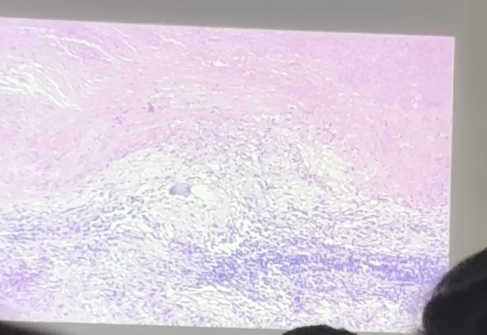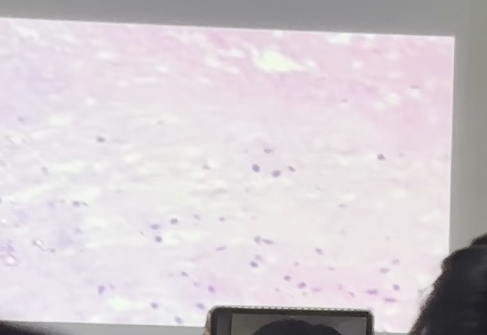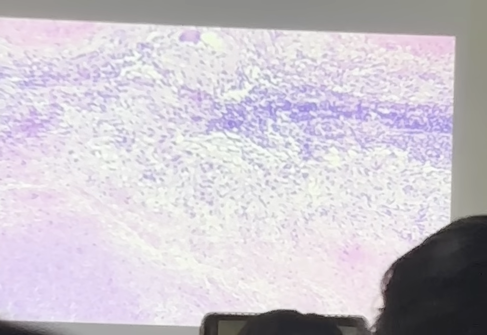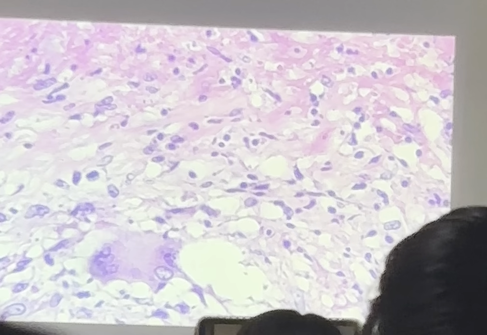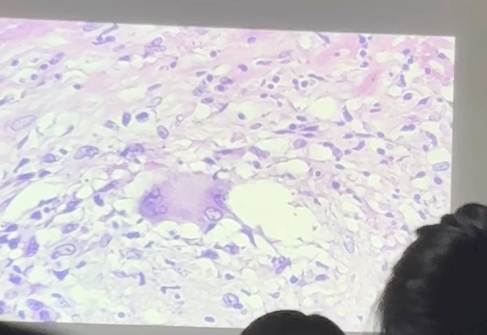Now, sometimes you can see this very large cell in the center. This is not the ideal one, though, but the old slide has the ideal one. Most of these cells that are surrounding the granuloma, why does it not match? What is this giant cell called?